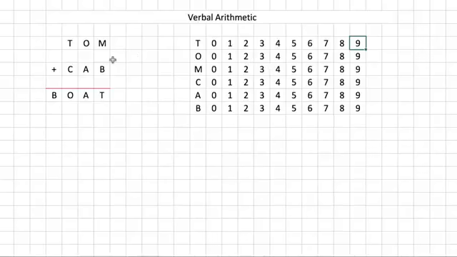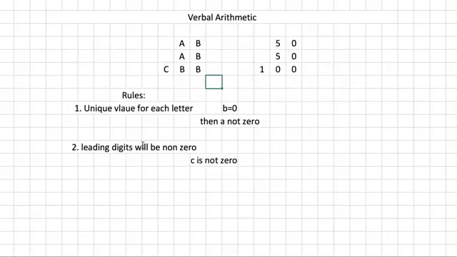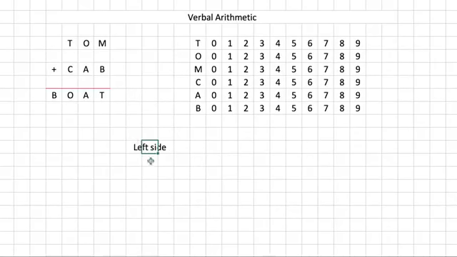So let's start. Always start from the left side, because as we know the rule that if it's a 4-digit number, then the leftmost digit, the leading digit is non-zero. So B, C, and T, these are the leading digits of the numbers. So these cannot be 0.